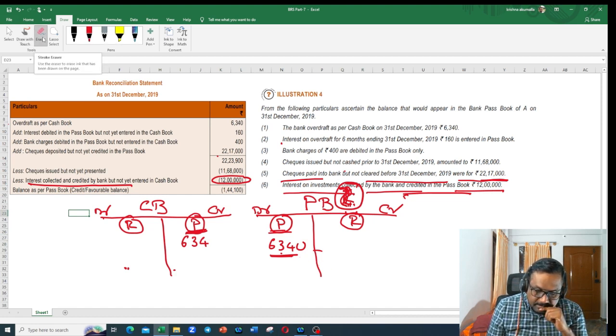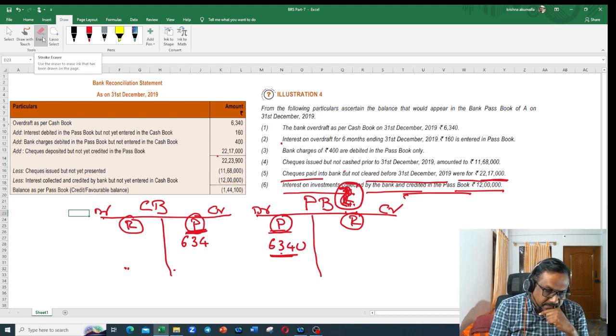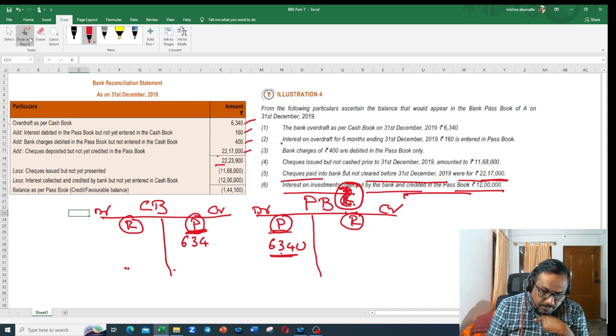Now all the transactions we have recorded. Now we need to balance this. How do we balance it? 6,340 plus 160 plus 400 plus 22 lakh 17,000, all put together, has come to 22 lakhs 23,900. Getting my point?